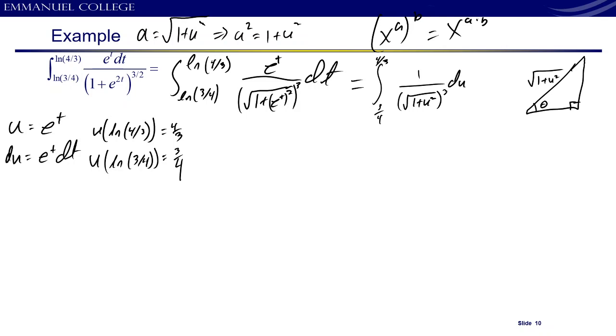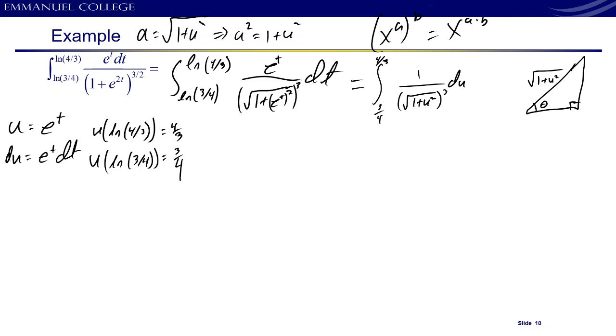Well, if we look at this one, we want to try and avoid anything that uses the hypotenuse, because again, you don't want to introduce anything that you don't have to with the square root of 1 plus u squared.